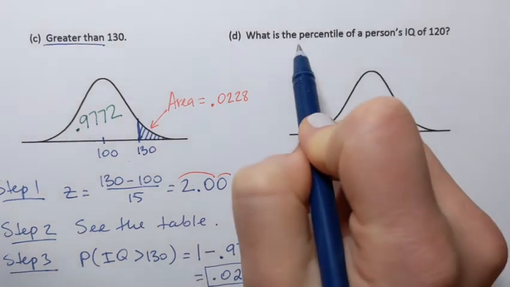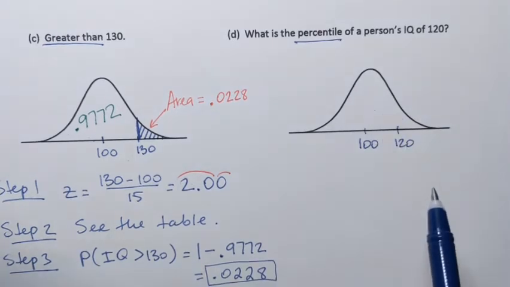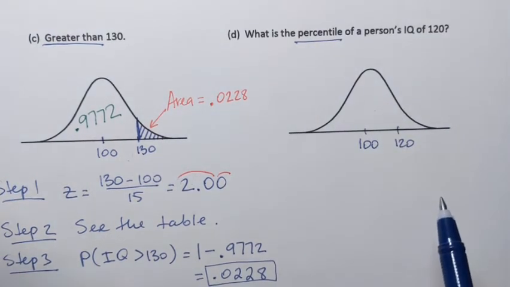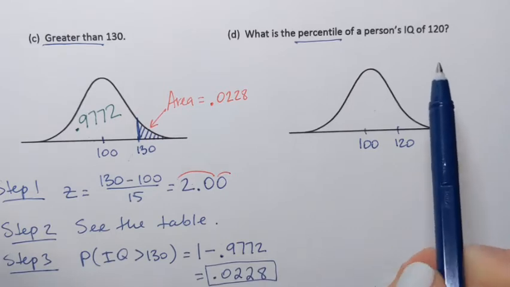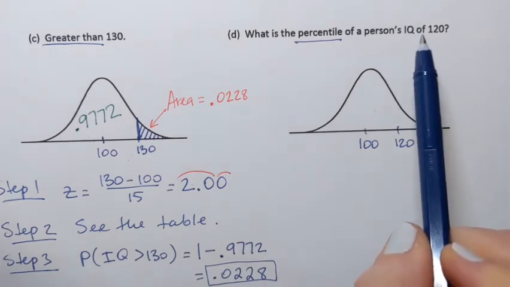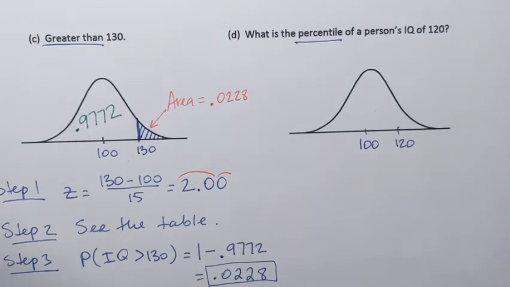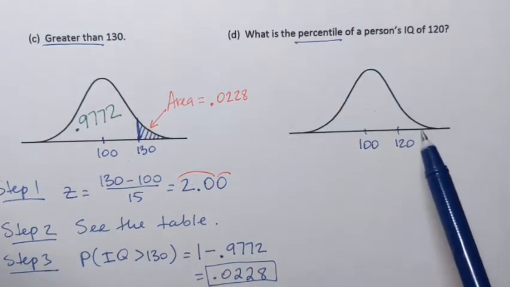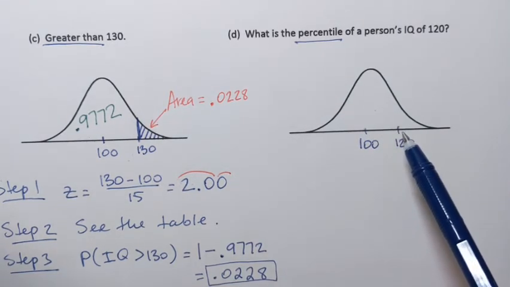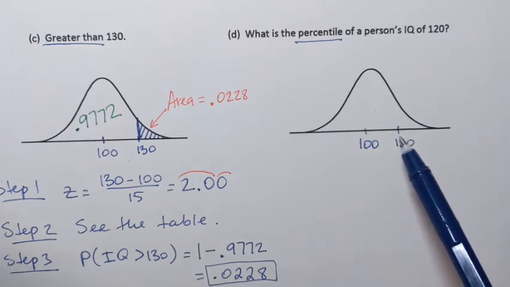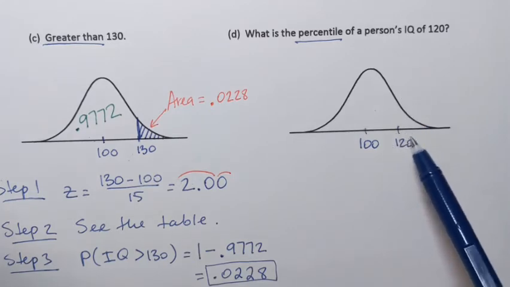Now, percentile. Let me remind you that percentile represents the percentage of observations that are less than or equal to the one you're looking at. So in other words, we need to find what proportion of observations for this distribution are less than or equal to 120.